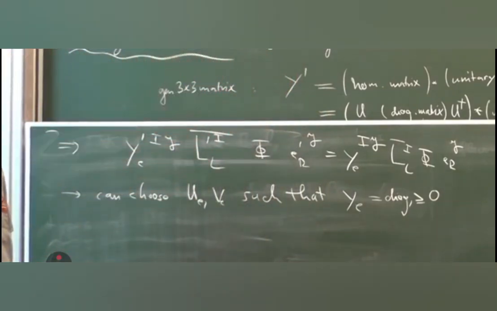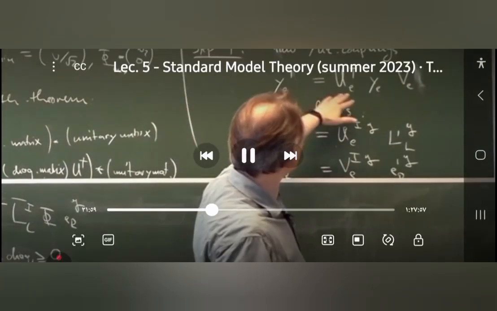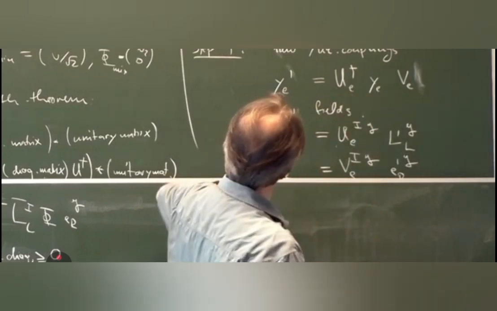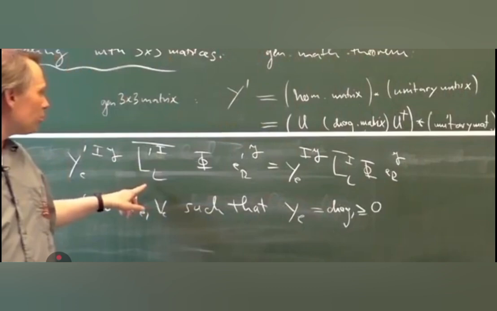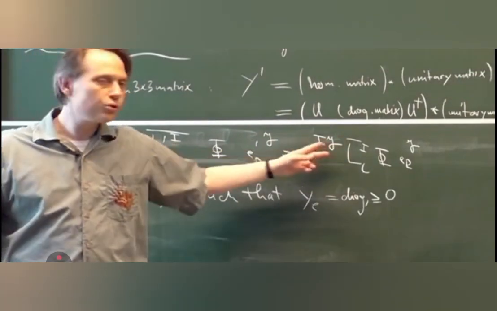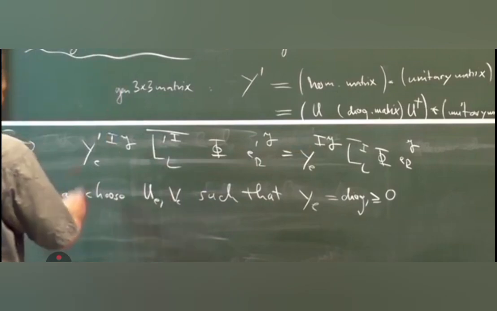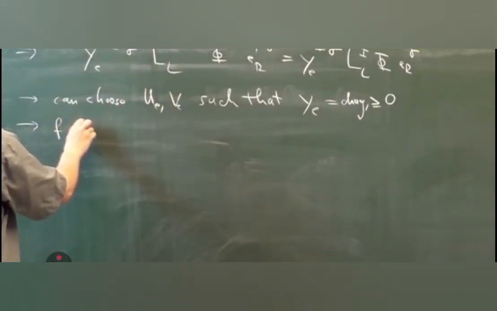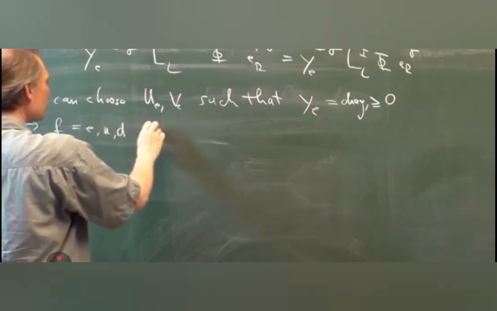So let us choose our matrices U and V such that we perform the singular value decomposition of the original Yukawa matrices. If we do that, then we can introduce new unprimed fields in terms of which the Lagrangian becomes diagonal. So in this way, we can do it for the leptons, for the up-type quarks, and for the down-type quarks.